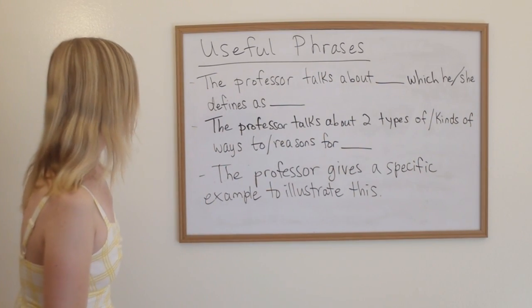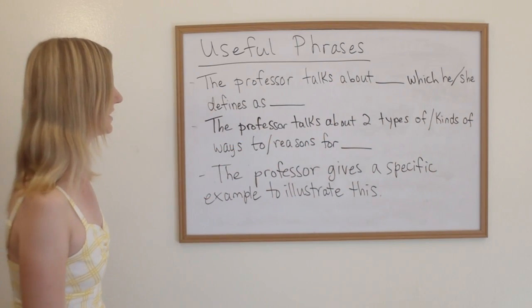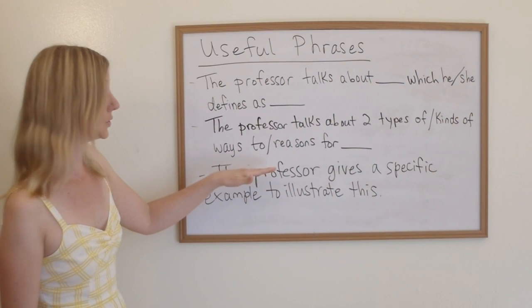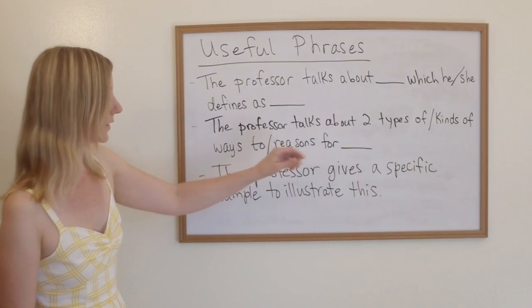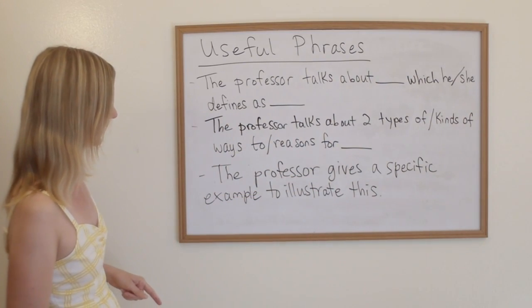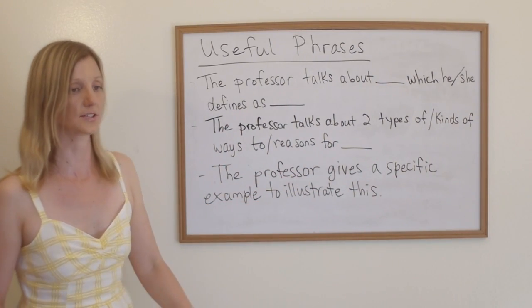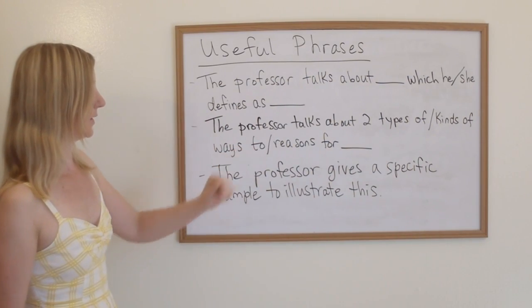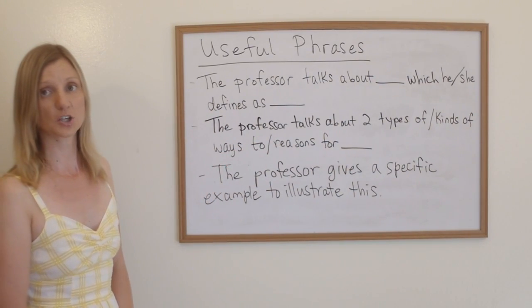Okay? Secondly, the professor talks about 2 types of, or it could be kinds of, or ways to, or reasons for. Then, of course, you're going to say the professor gives a specific example to illustrate this. So for my hand example, I would say the professor talks about 2 ways to use the human hand.